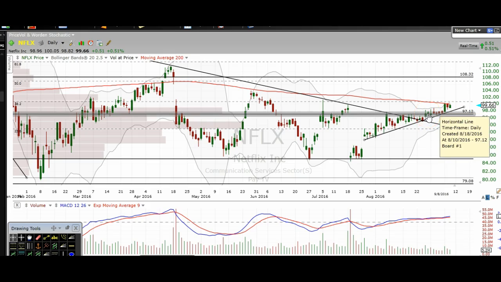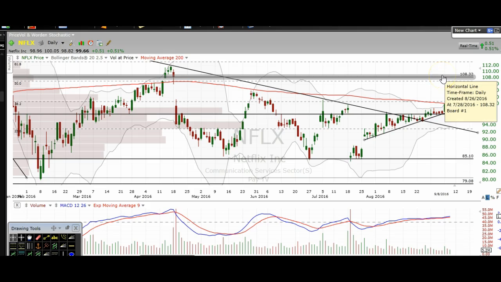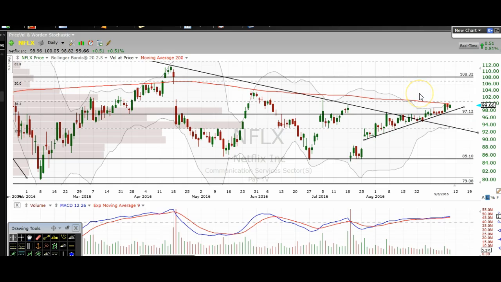So you're going to want to look for support around this uptrend line as well as at 97.15 for Netflix to head higher. We still have to overcome this 200-day moving average, but beyond that, we have resistance at about 108. So these are the things that you should be looking for on Netflix.